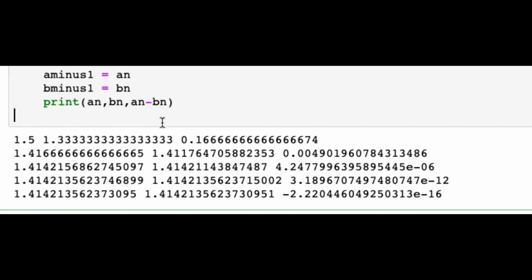Now, it turns out that these are irrational numbers, so the difference between them is never 0, right? But the computer knows that when we're looking at this number and this number, the difference between them is 0.002. That's close enough, so it'll stop.